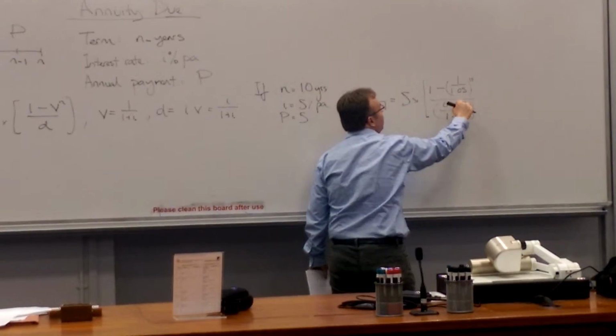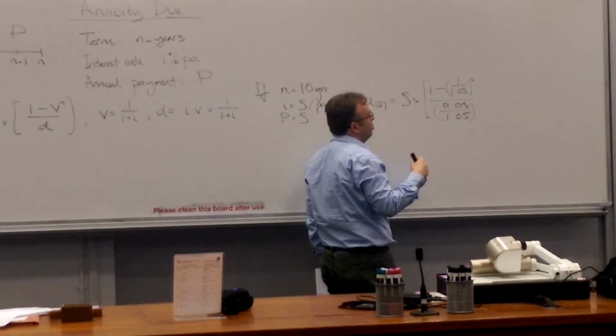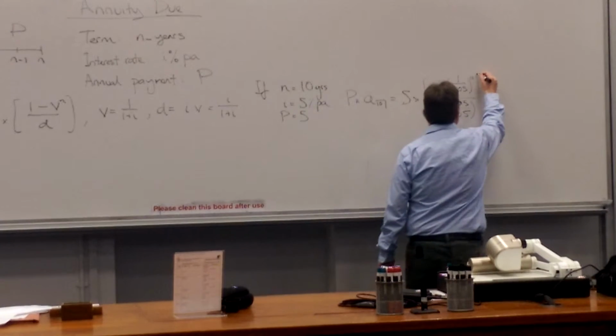This is our v factor to the power of 10, and underneath here we have d, which is equal to i over 1 plus i.